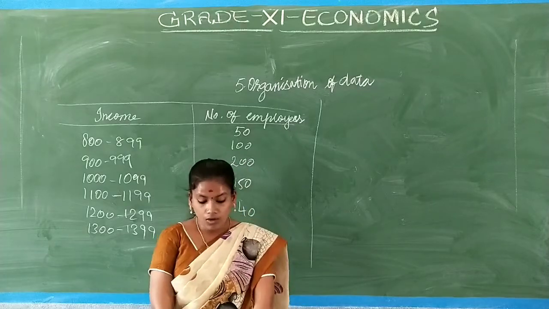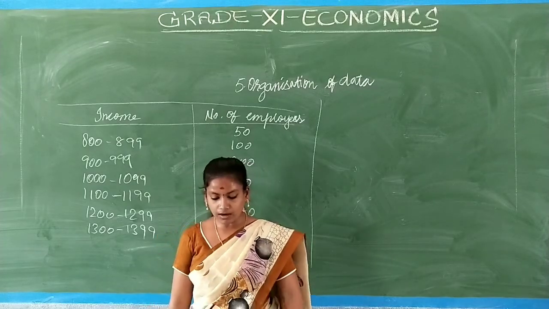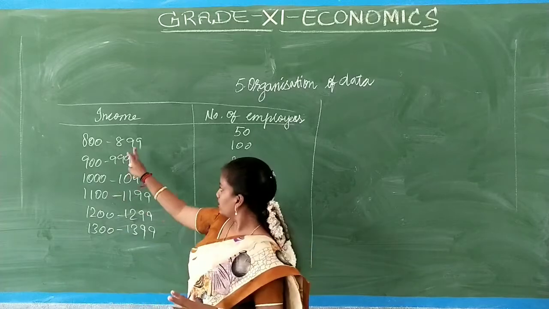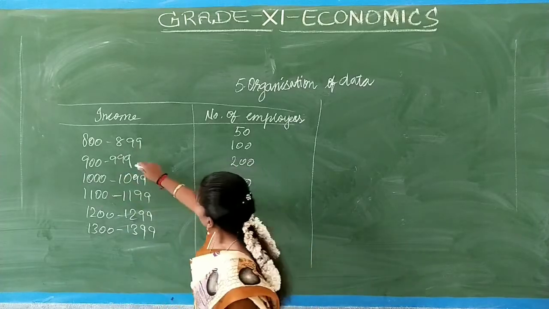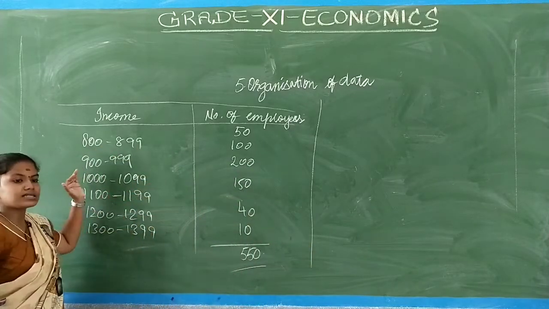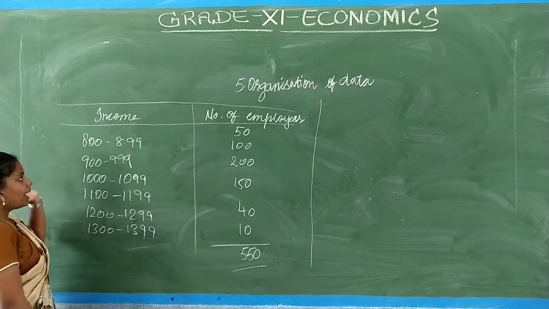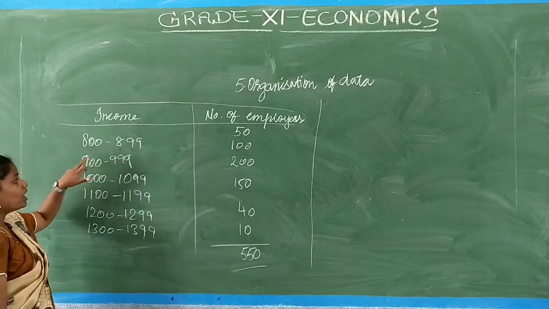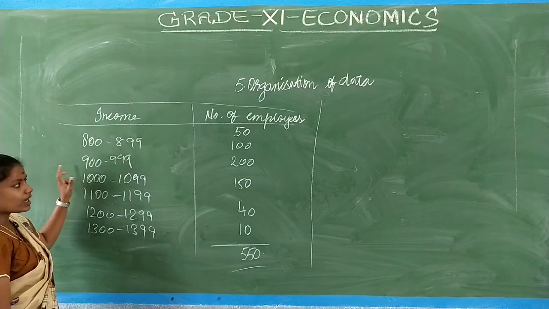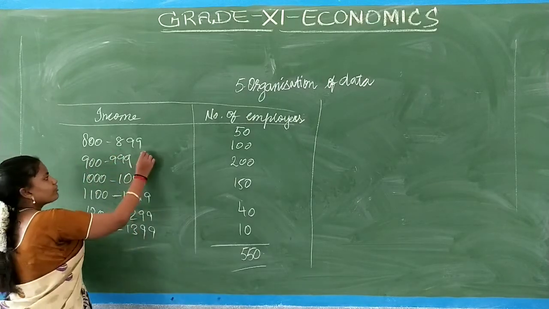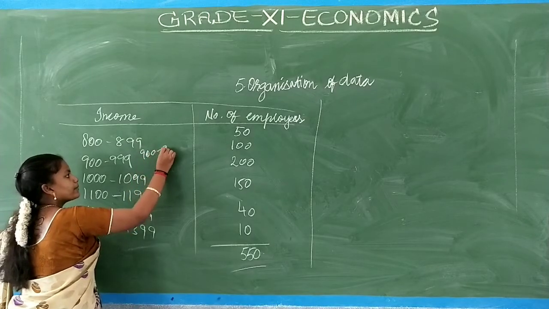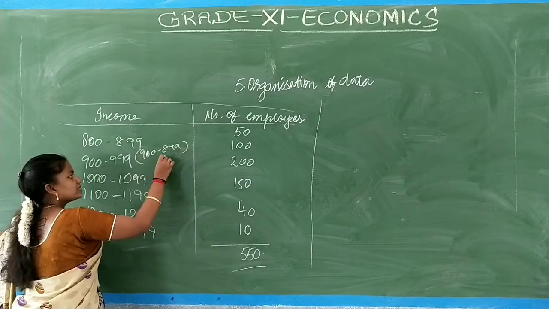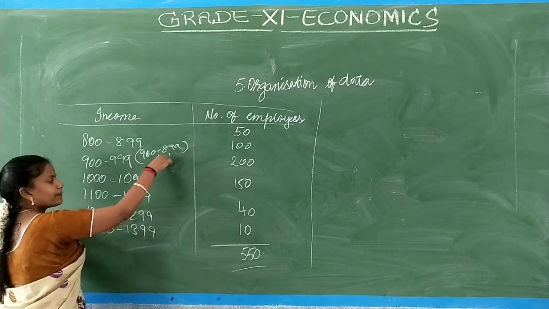A close observation of the inclusive method will show you that for the variable income, you should find the difference between the upper class limit of the first class and the lower class limit of the second class. When you find the difference, it becomes 900 minus 899, which is 1, and this 1 is called the gap.